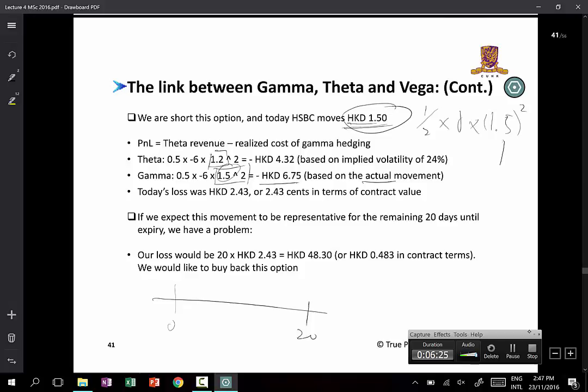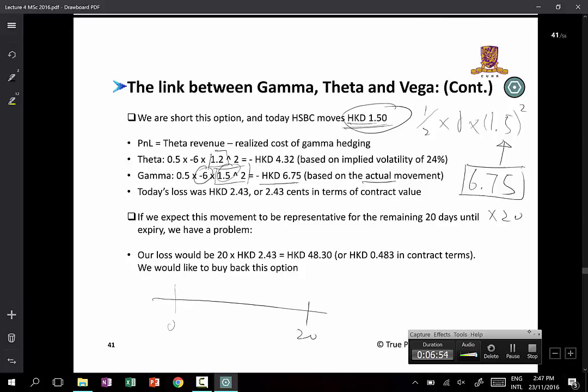If we really do get $1.50 of movement, then every day we will be getting a minimum gamma revenue of $6.75. In fact, you'll be getting more. You know why? Because your gamma is not constant, and the closer you are to maturity, the higher it becomes. So you will be earning a minimum of $6.75 times 20, but likely a lot higher.